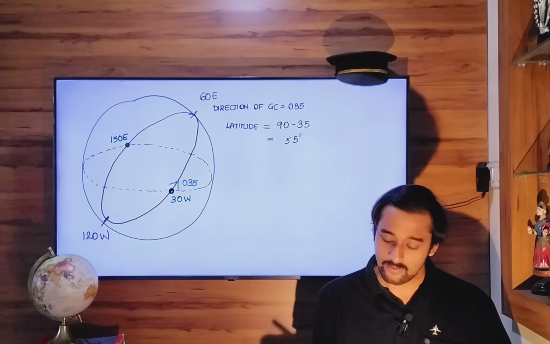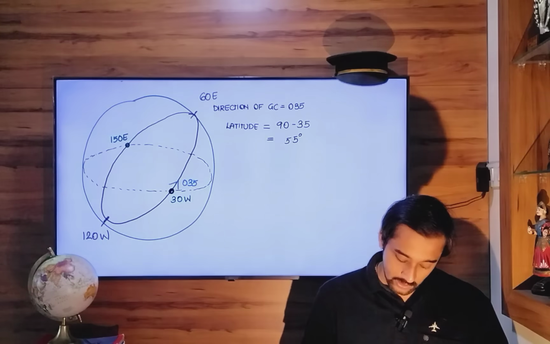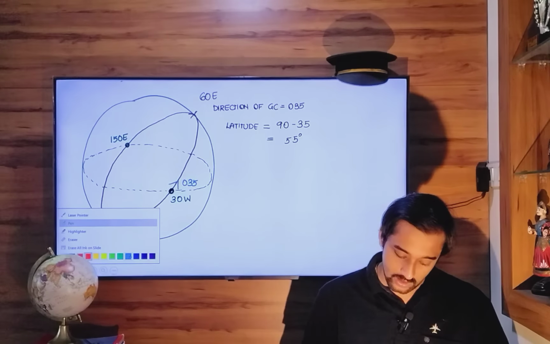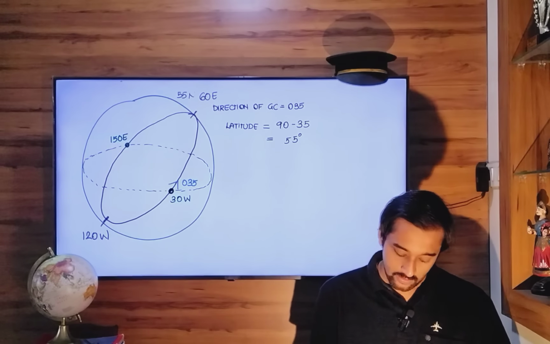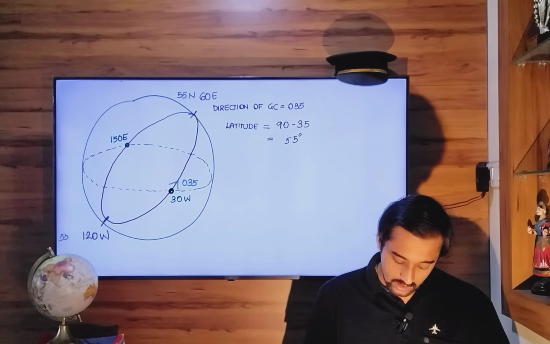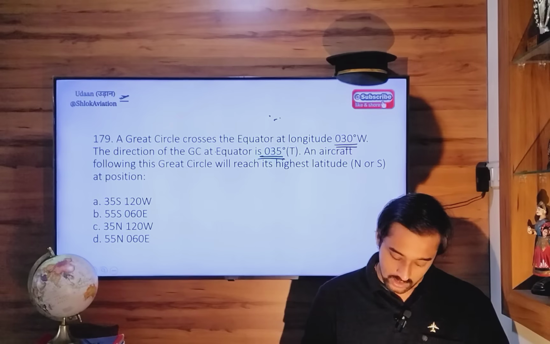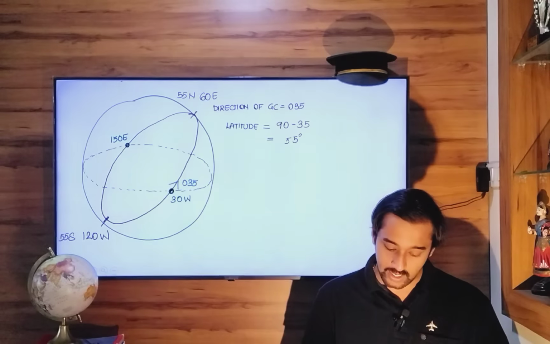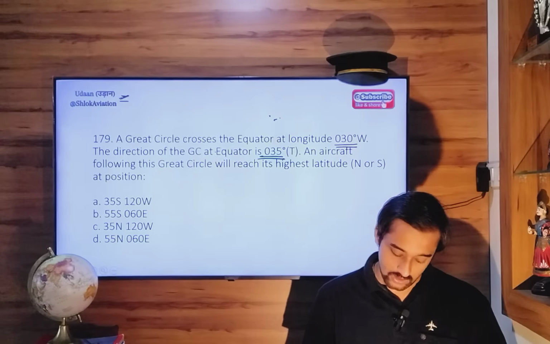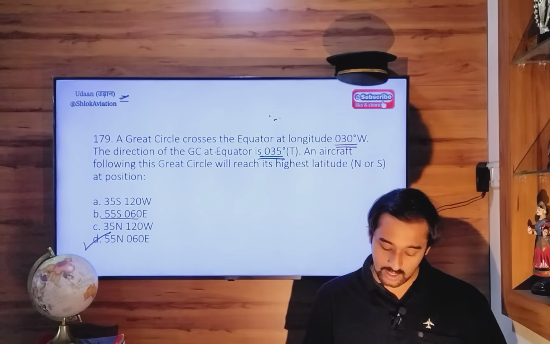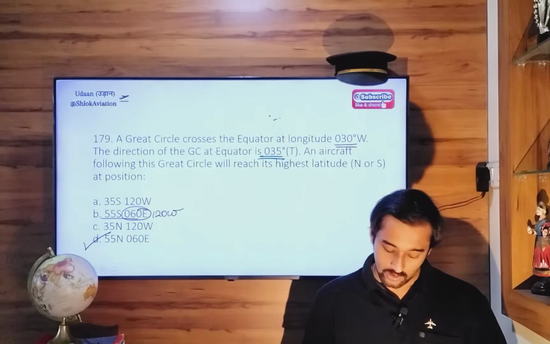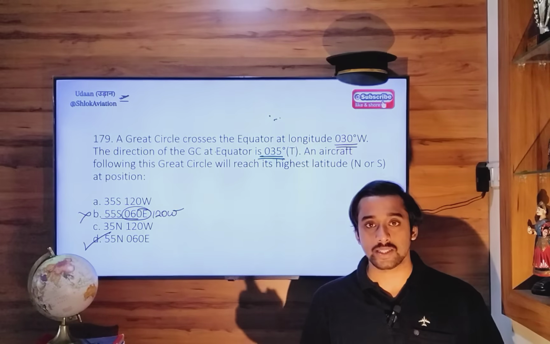You get 55 degrees. So the latitude will be 55 degrees north, and 55 degrees south for the other. So the correct answer will be 55 degrees north, 60 east, not 55 degrees south, 60. In here, it should have been 120 west. Therefore Bravo is wrong and Delta is the correct option.